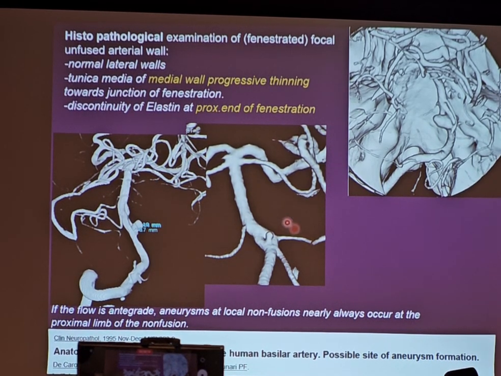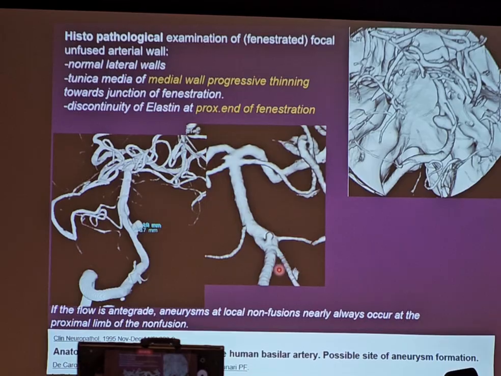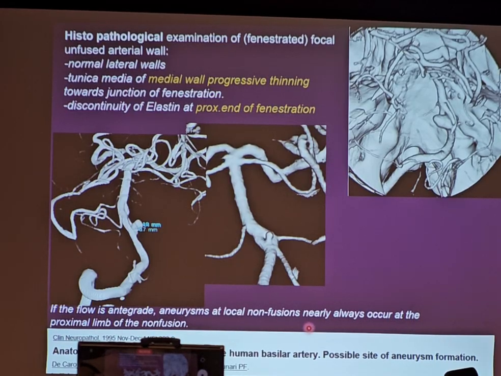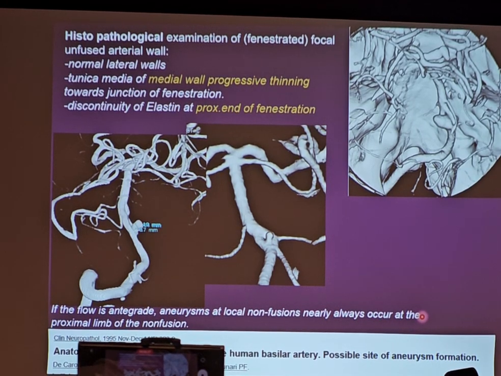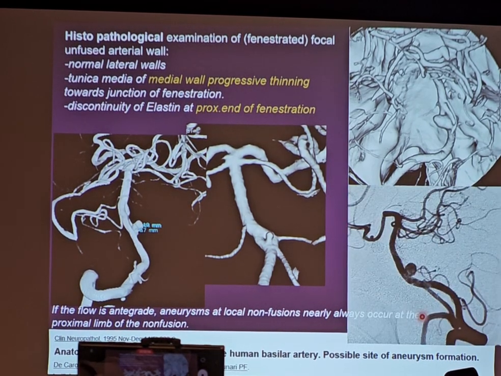So for sure, you can look at this kind of fenestration shape, which is actually a segmental unfused part of the artery, and you can find an aneurysm as the weak point, and usually it occurs at the base, the proximal limb of the non-fusion segment, not hanging down from the upper limb. So go back to your aneurysm locations, and you can see that it's classically seen like that.